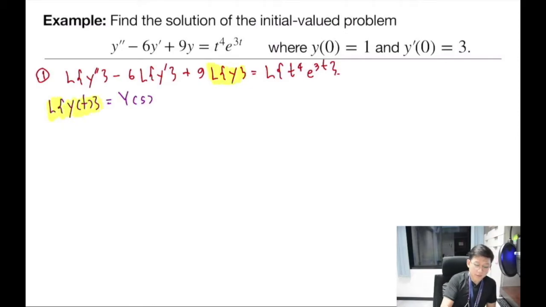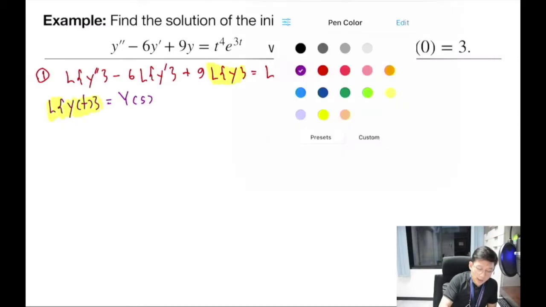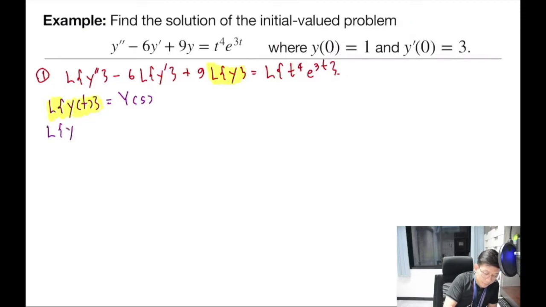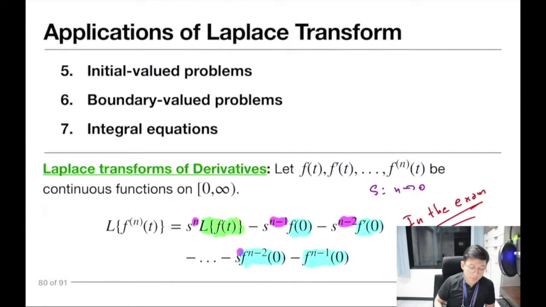And then I'll look at the Laplace transform of y prime of t. And what's that? What is the Laplace transform of y prime of t? Guys, we go back and look at the formula here. The Laplace transform of y prime, which means it's the first derivative, which means that n is 1.